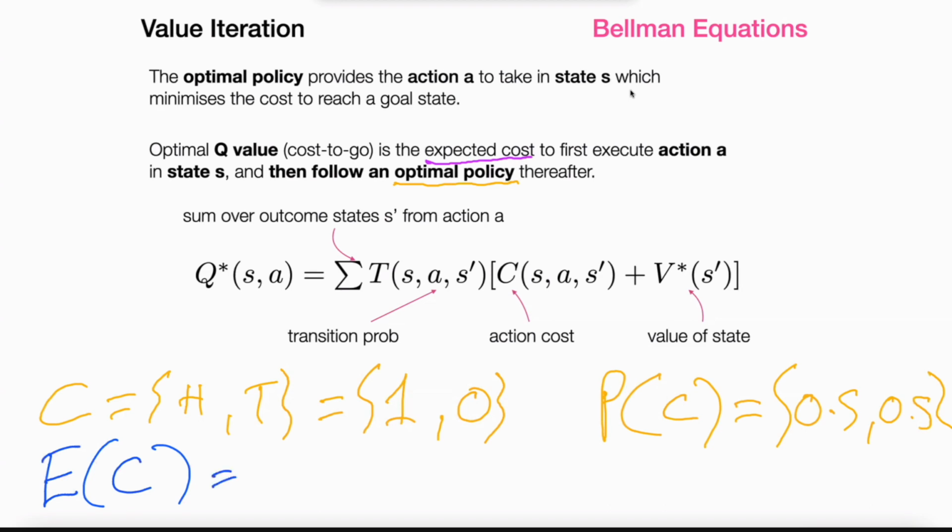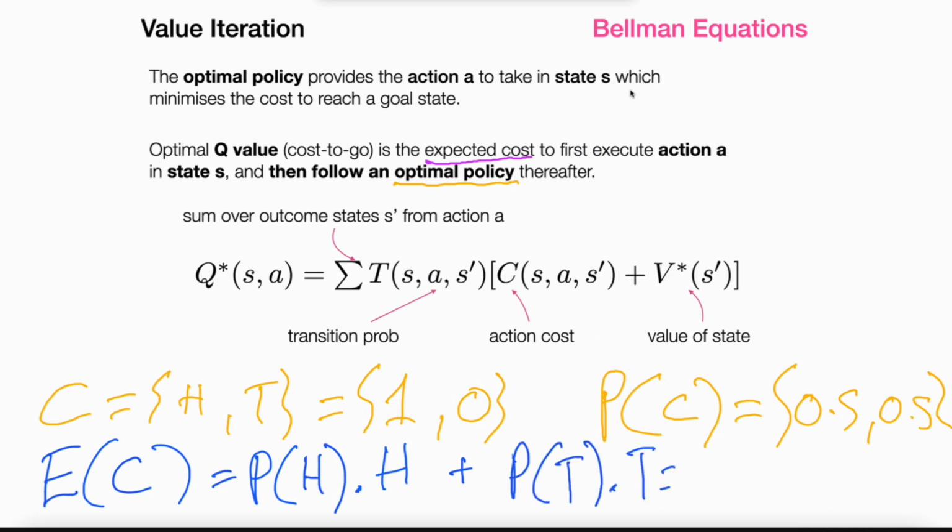And that is the probability of heads times heads plus the probability of tails times tails, which equals, well, probability of heads is 0.5 times 1 plus 0.5 times 0. So the expected value of the coin is 0.5.